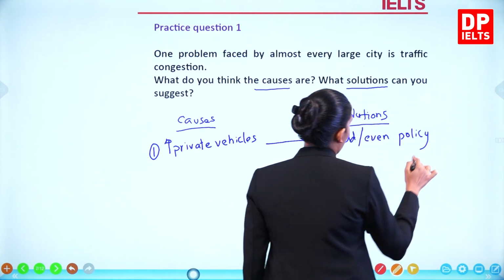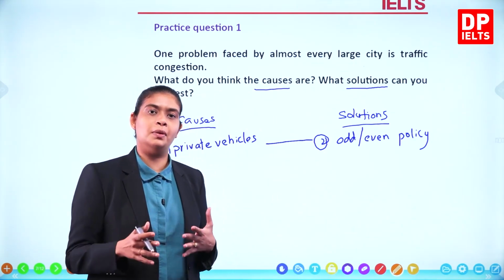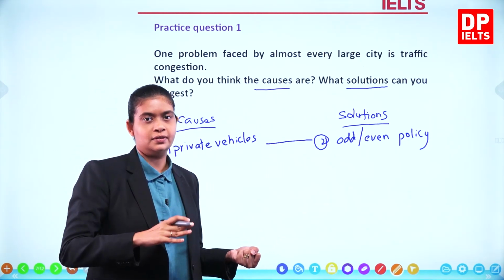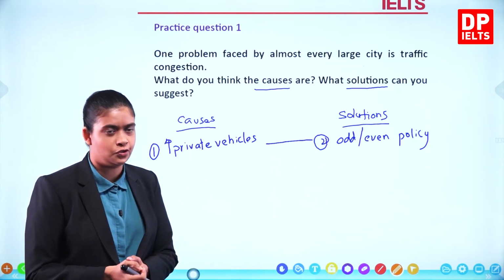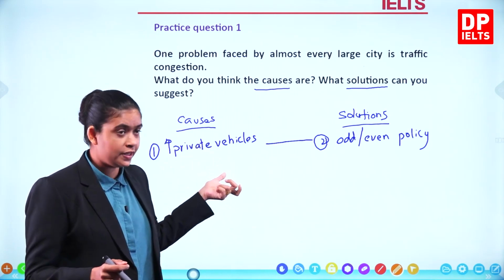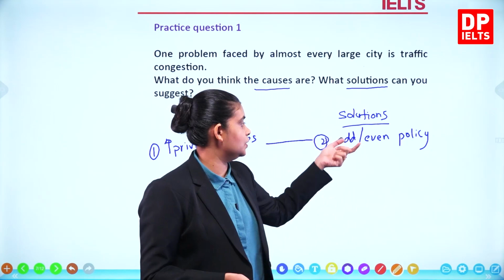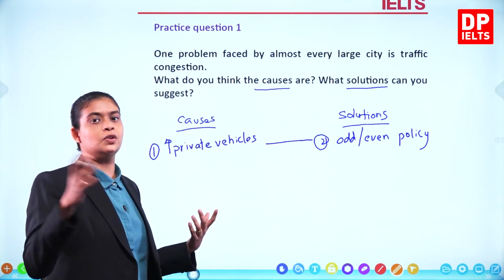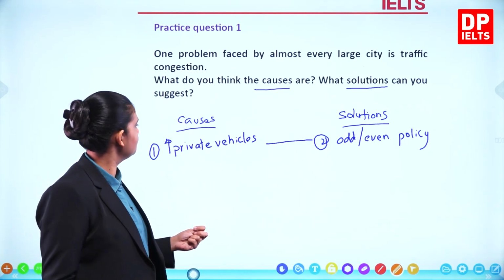Okay, so the odd numbers enter on these days and the even car number plates enter on these days. So eventually you will see a drop in the number of vehicles. Actually, at least 50% of it will drop. Okay, so because the private vehicles have increased, there's a lot of congestion, right? And what you could do is introduce an odd and even car number policy, the number plate, depending on that. If it's an odd number, you go on these days. If it's an even number, you go on these days, right?